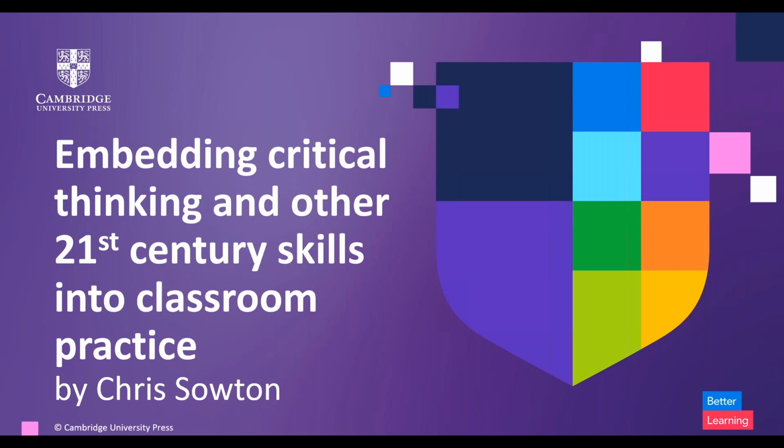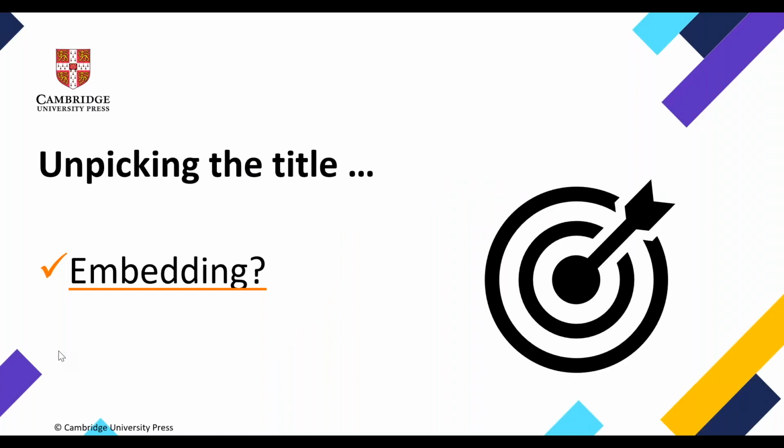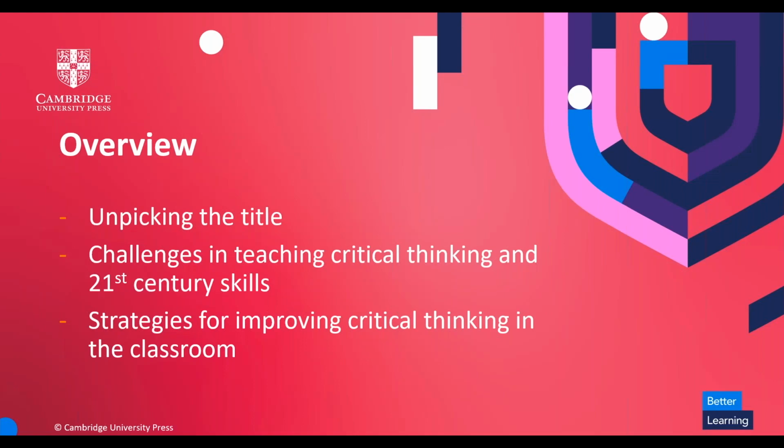So in the talk today, I will be looking at three main areas. First of all, we'll be unpicking the title of what we actually mean by what we're going to look at here today. So critical thinking, integrating skills.